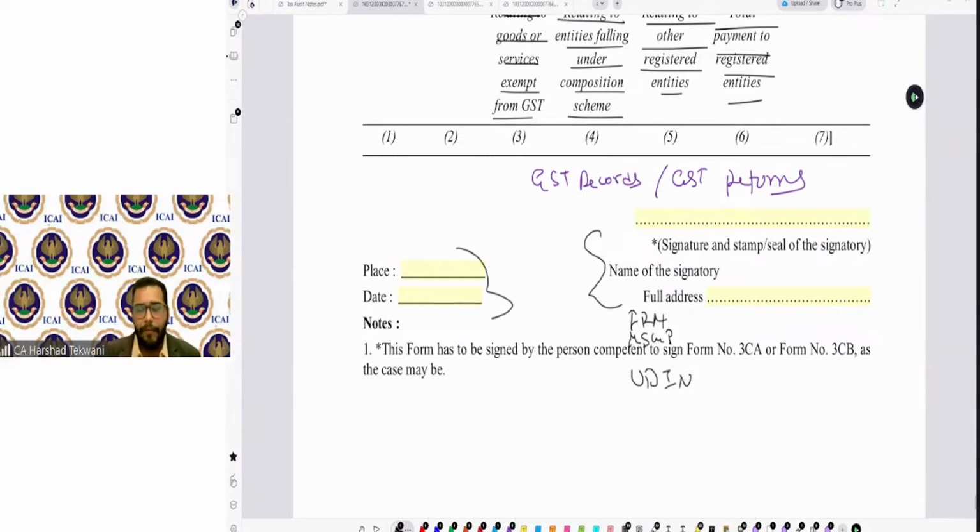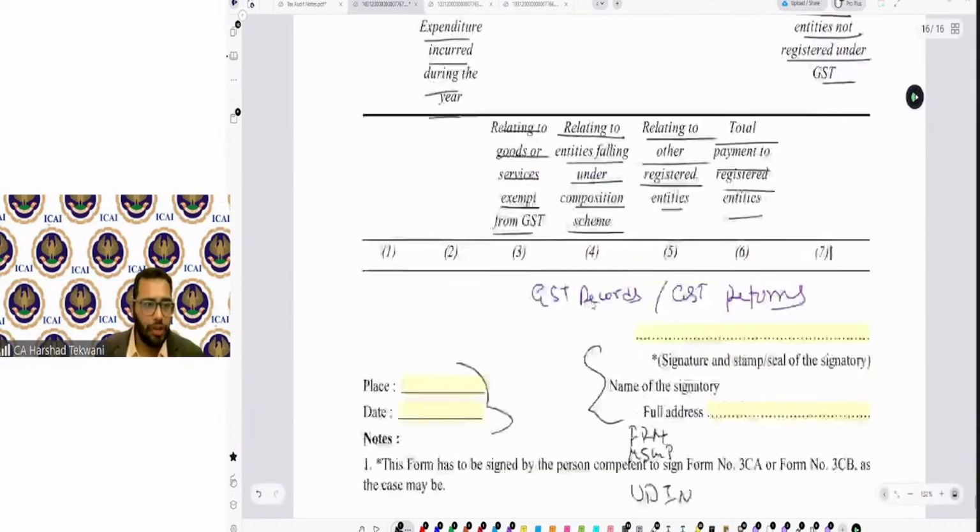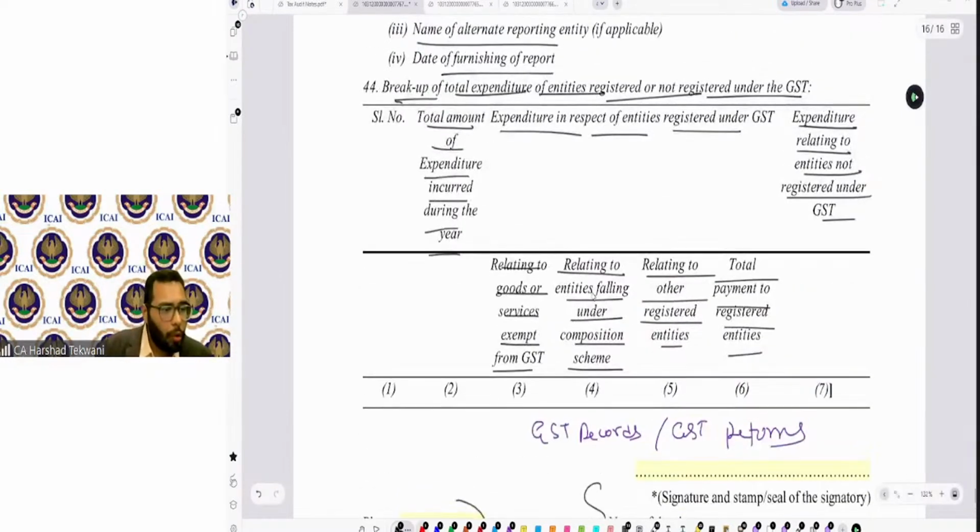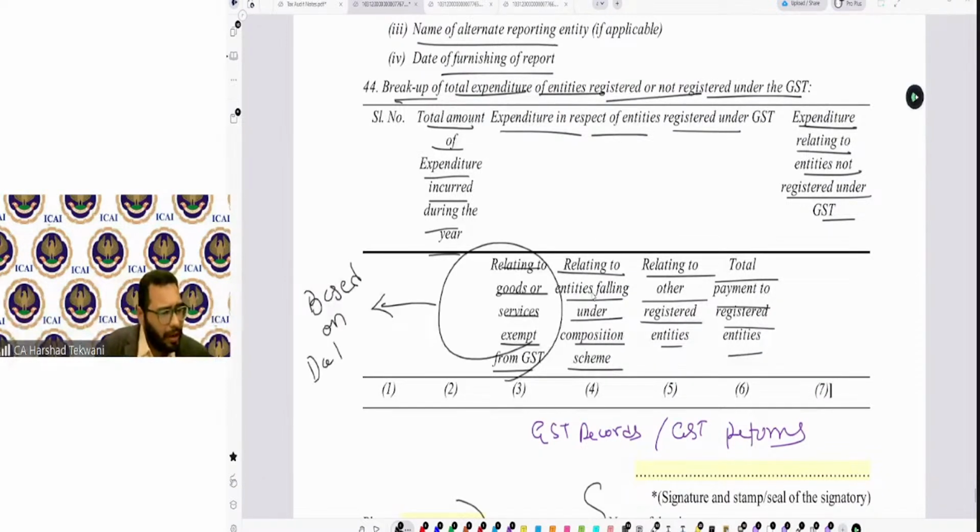So basically, for example, if a registration status has changed after the year, that will not change the record over here. This is based on the date of expenditure, not on the balance sheet date or signing date.